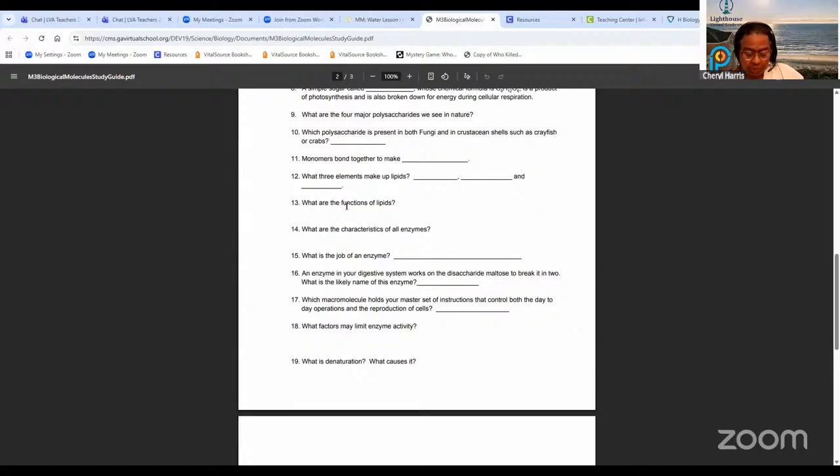What do we need lipids for? Remember, all macromolecules have a specific function. They can store energy. That's a big one. Because they are large molecules, they have all those bonds. Remember, the energy is actually stored in the bond that holds those elements together. Where we release the energy is when we break those bonds. So because they're very, very large, they store a lot of energy. They create cell membranes. Thank you, Serenity.